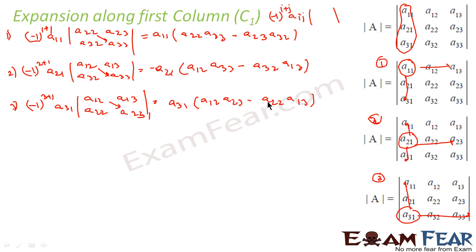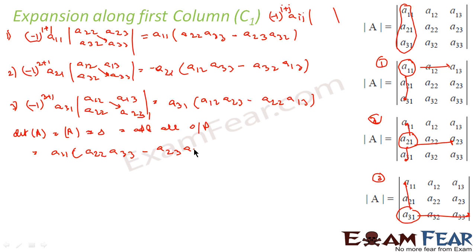Let me add this. Determinant of A is nothing but the add of all outputs. This is a11, the first one, into a22 a33 minus a23 a32.